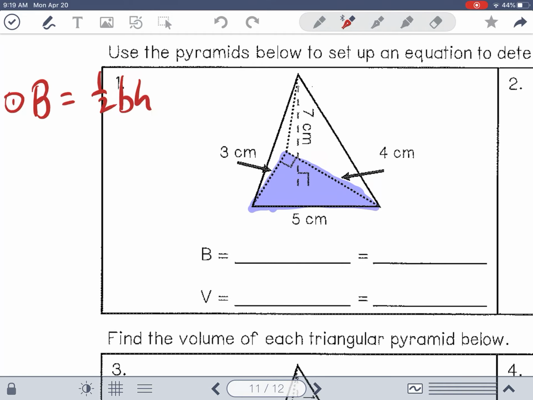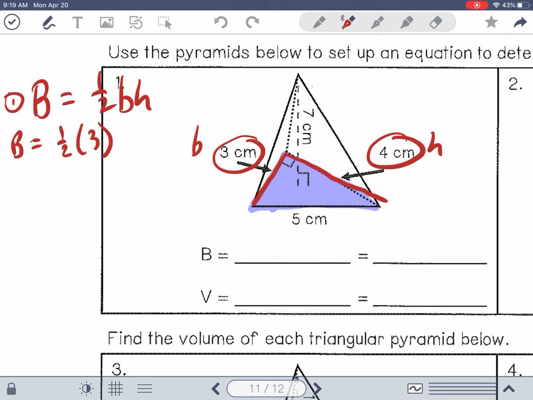So that's 1/2 b h. If this is the b for the base, that's the h. So that means big B is 1/2 of 3 times 4. This is just the area of the base. So big B is 1/2 of 12.